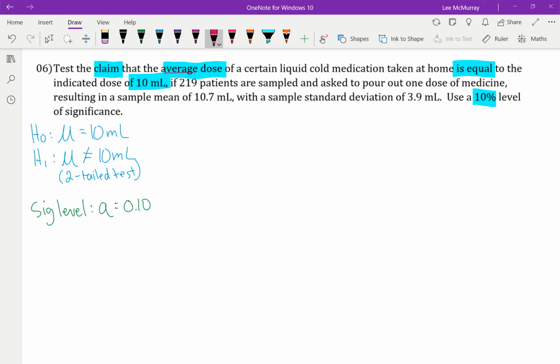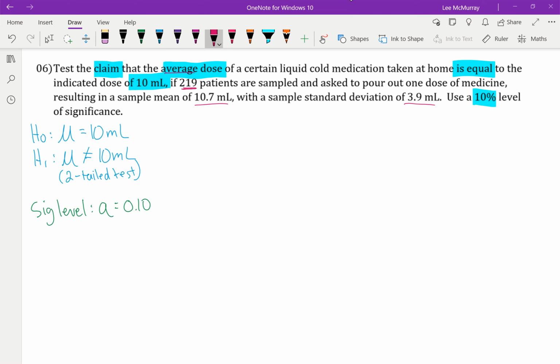What we have to look at is the value of n, and whether or not our standard deviation is known. In this case, we don't see a standard deviation other than the sample standard deviation that is provided, so that's not the population standard deviation. But n is sufficiently high because it's greater than or equal to 30. So because our n is sufficiently high, we can use the normal distribution.